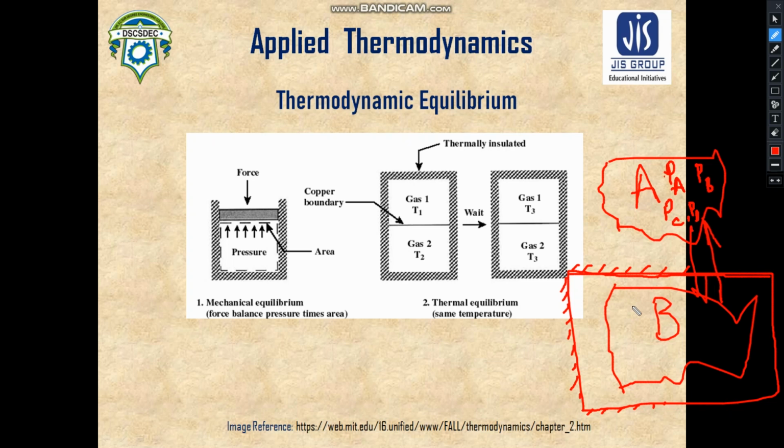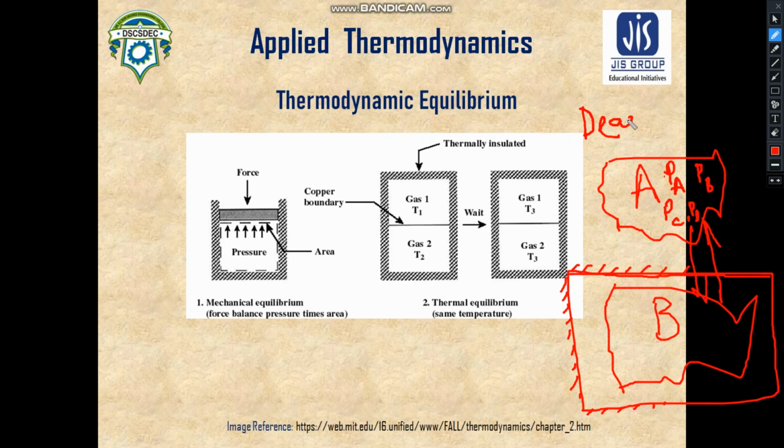That means when I had isolated this system A from the surroundings B, there may have been some imbalance present within the system. We give it some time, and this imbalance goes away. After some time there is no imbalance present in this system, so the system is going to an equilibrium state. Now this state is called the dead state.